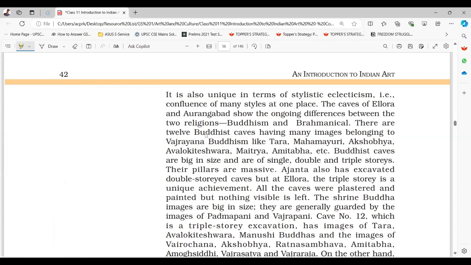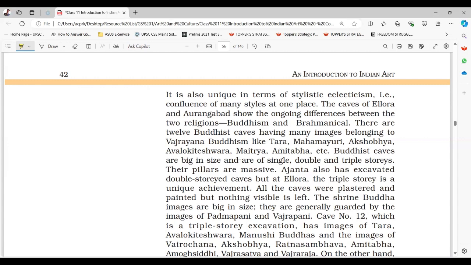There are 12 Buddhist caves having many images belonging to Vajrayana Buddhism, like Tara, Maha Mayuri, Akshobhya, Avalokiteshvara, Maitreya, Amitabha, etc.